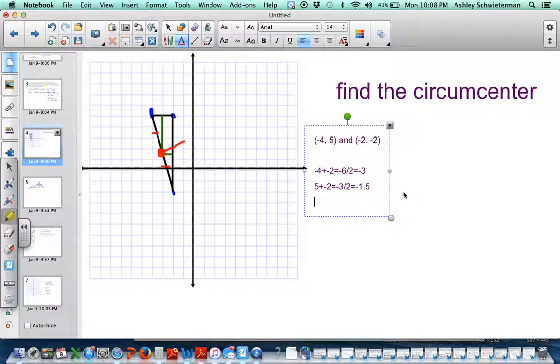So my circumcenter is at -3, 1.5. Because the circumcenter is the point where the perpendicular bisectors meet, I needed to find the bisector of the hypotenuse when it's a right triangle.